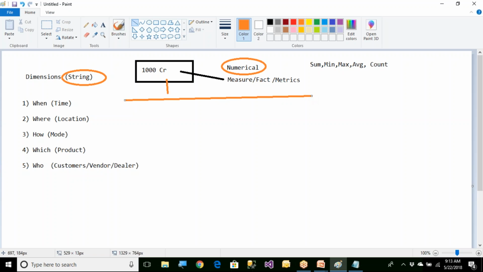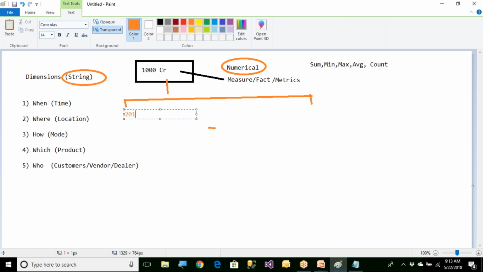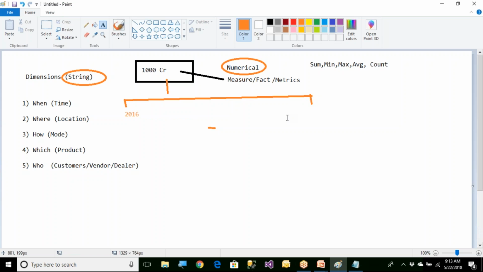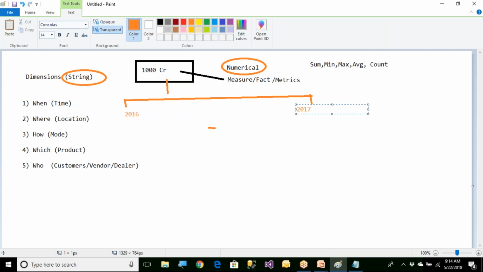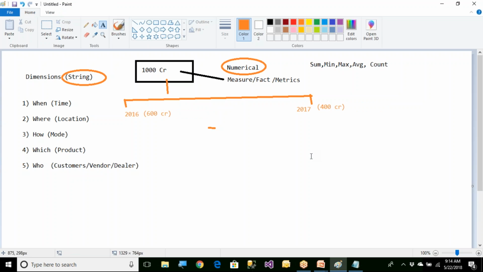They may say that in 2016 I got 600 crore business profit, and the remaining sales, 400 crore business, happened in 2017. So people do not stop.